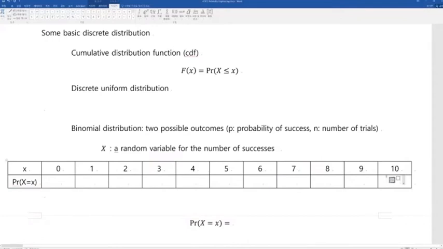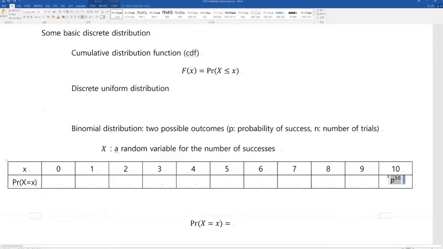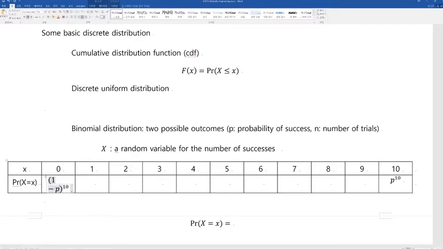In this case, we need to have 10 successes. So what would be the probability that there would be 0 successes? In that case, all trials should fail. So the first trial should fail, the second trial should fail, and so on. So the probability becomes (1 minus p) to the power of 10.